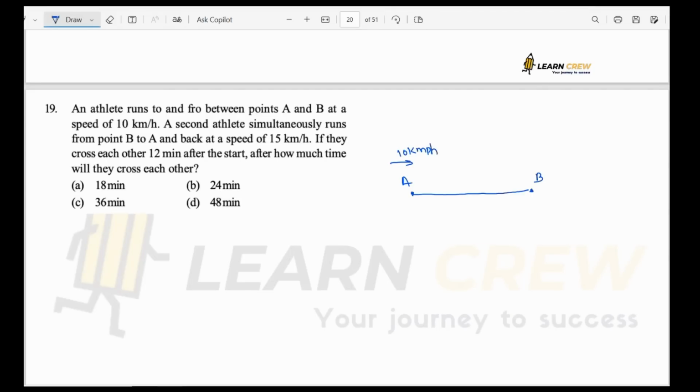A second athlete simultaneously runs from B to A at a speed of 15 km per hour. If they cross each other 12 minutes after they start, after how much time will they cross each other? Tell me.